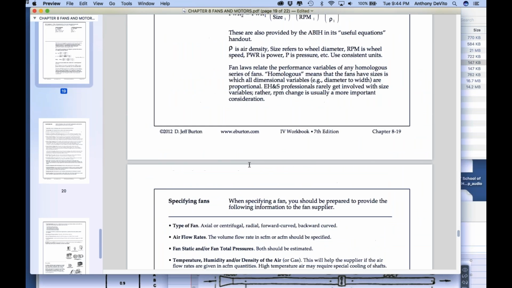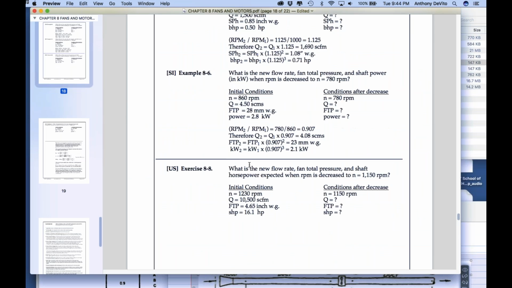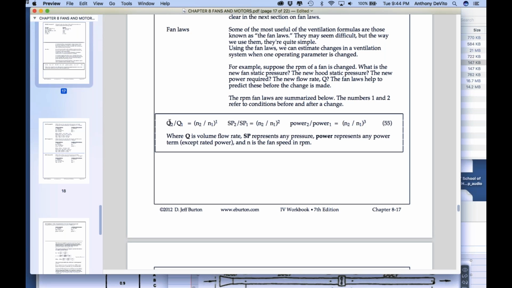You can go in here and play around with these. For instance, Q1 over Q2 is equal to N1 over N2, which is the RPM. In other words, if you double the RPM, you double the amount of air that you move. If you double the RPM, the static pressure is multiplied by 4; it's the square of the ratio.